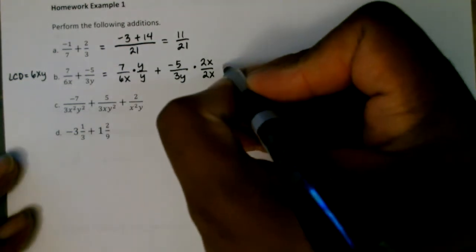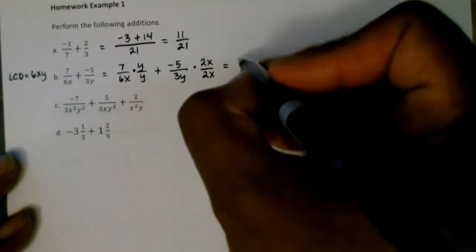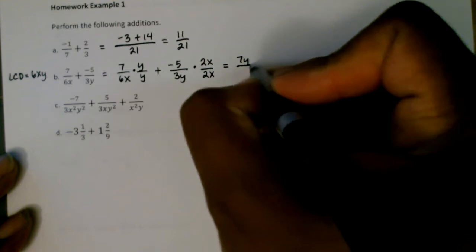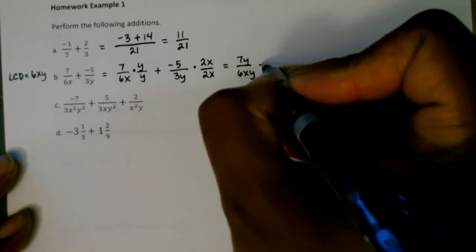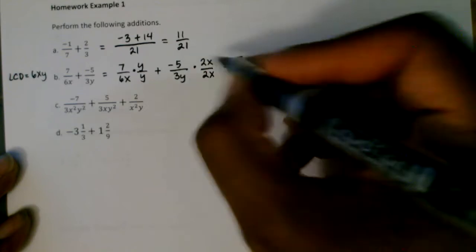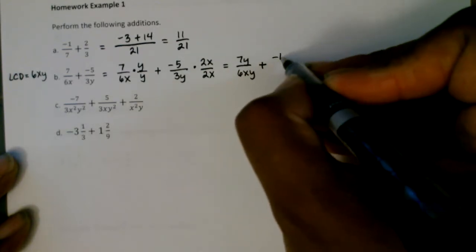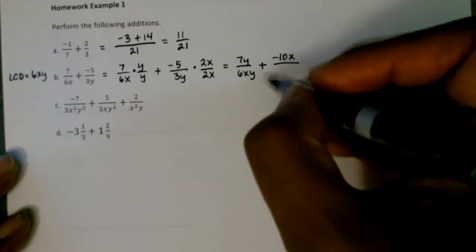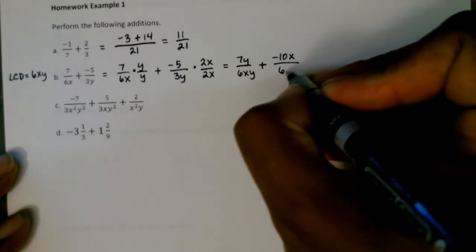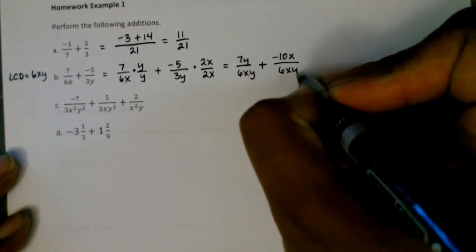So if I simplify this, 7 times y will be 7y over 6x times y, that's 6xy, plus, let's see, -5 times 2x will be -10x over 3y times 2y. Well, 3 times 2 is 6. x times y will be xy.